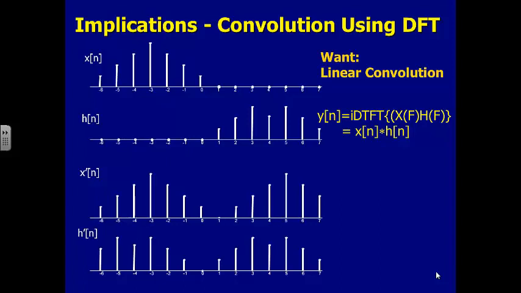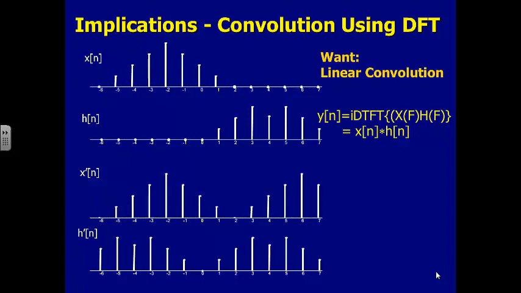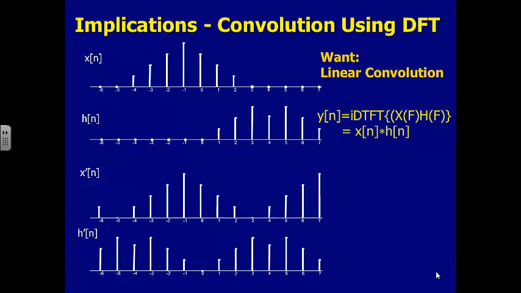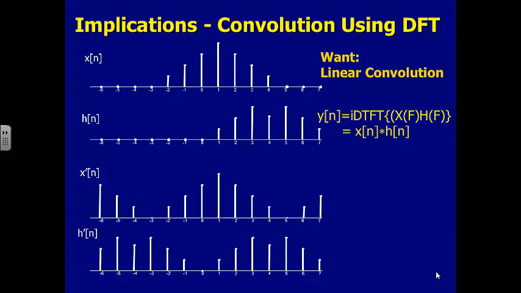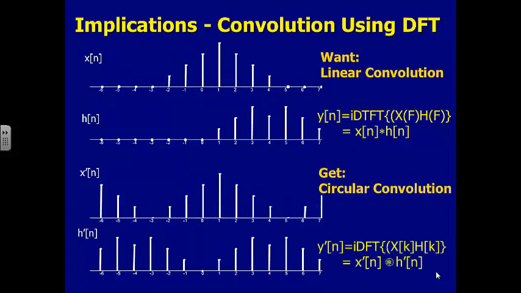Next stage, shift a little more, multiply, add. The flip and shift method. I want to do this, but when I do it with DFT transforms, it's as if I'm doing it on the periodically repeating versions. So I get an answer that's not a linear convolution, but what we call circular convolution, involving the periodic extensions of those signals.